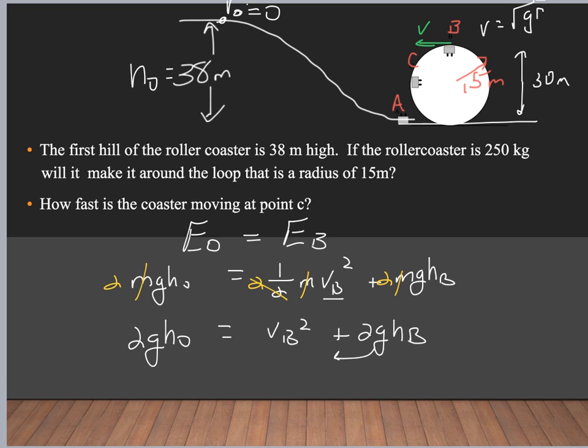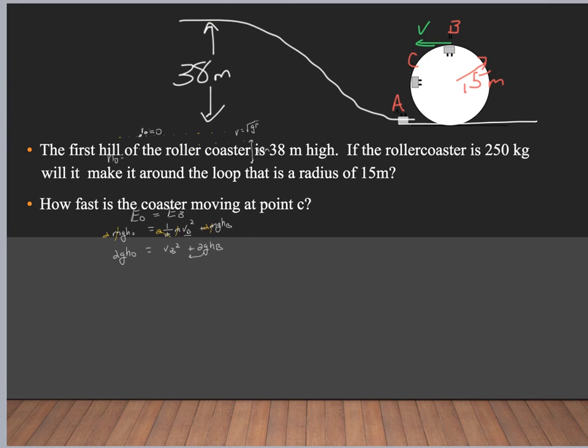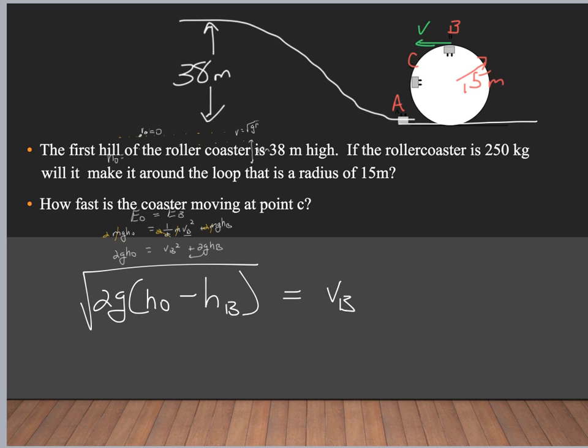Subtract this over, and we're really just going to get the change in potential energy, which would be the difference from this height to that height. And that's what's going to affect how fast the roller coaster is going to be moving. So 2g times h naught minus h_b is going to be equal to v_b squared, so we're going to square root that.